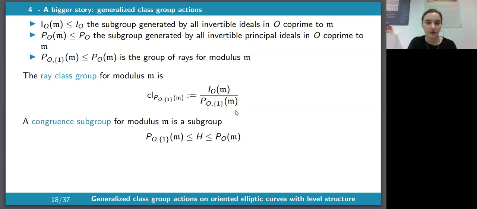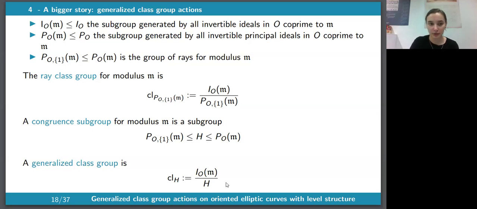We can take a subgroup that lies in between the group of rays for modulus M and our original subgroup of principal ideals of O coprime to M. If we now quotient I_O(M) with such a subgroup, which we call a congruence subgroup, we end up with what we call a generalized class group.